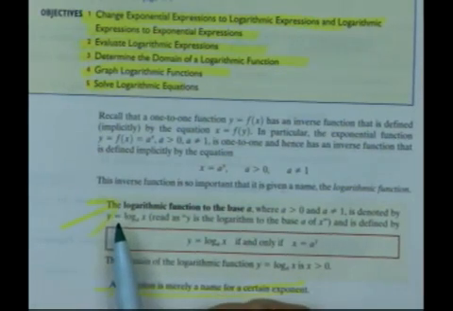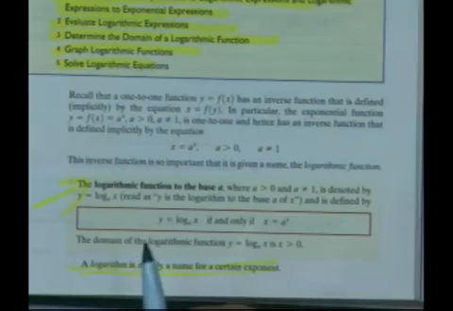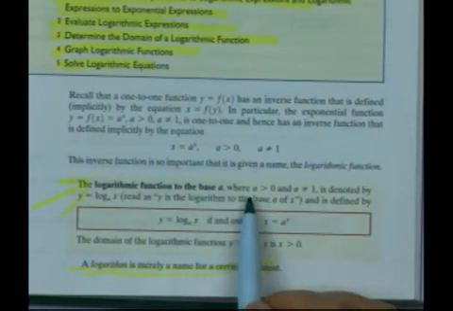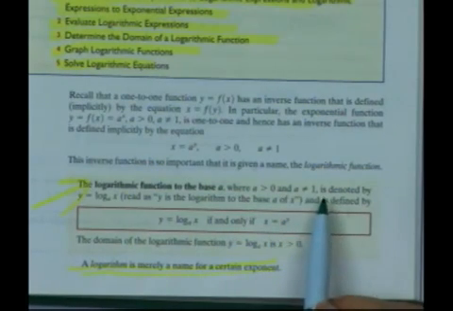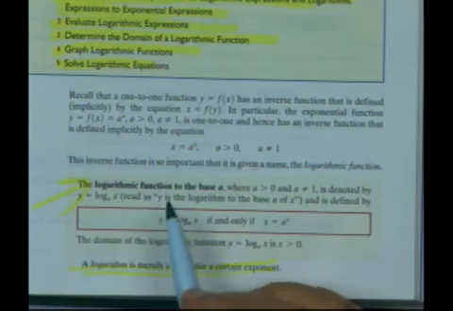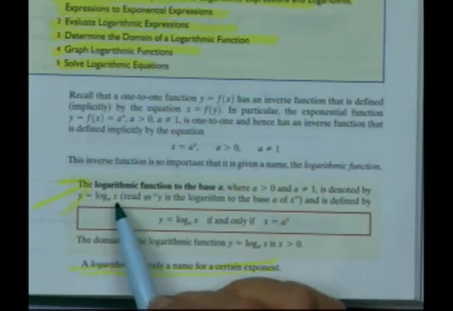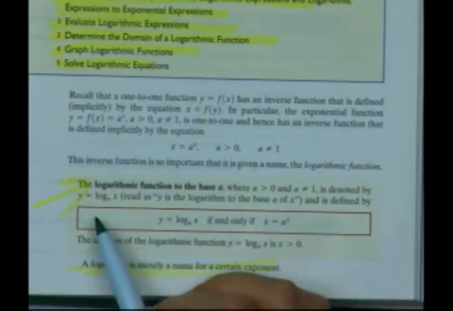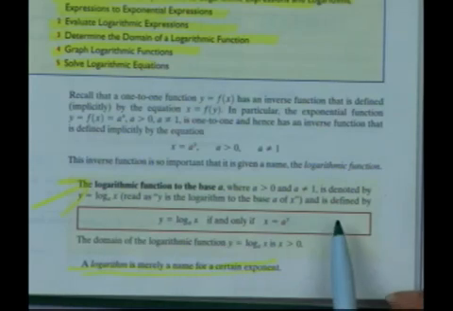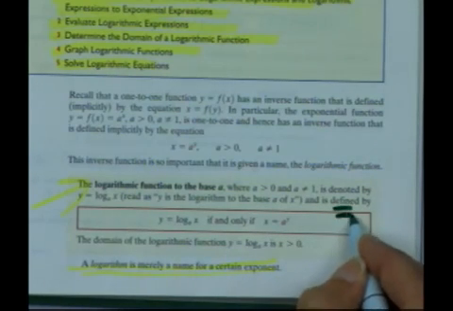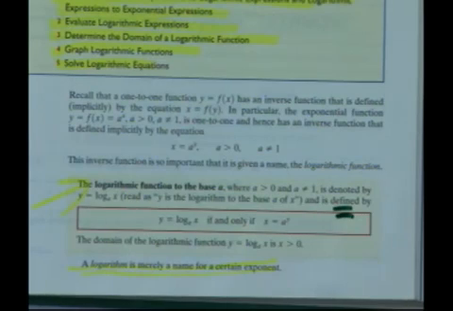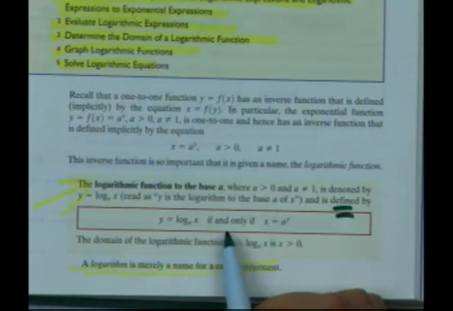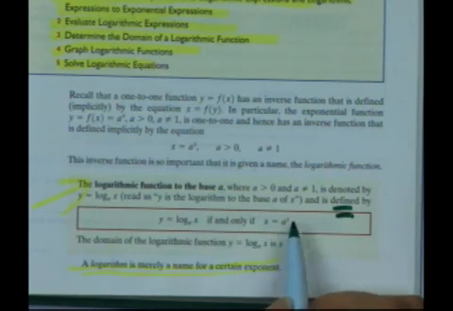So, at the bottom of page 435, it says, the logarithmic function to the base a, where a is greater than 0, a not equal to 1, is denoted by y equals log to the base a of x. You usually say log to the base a of x. It is defined, so it's a definition, somebody gave it a name, by y equals log to the base a of x if and only if x equals a to the y.